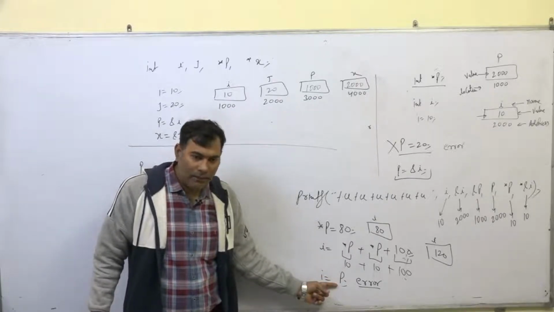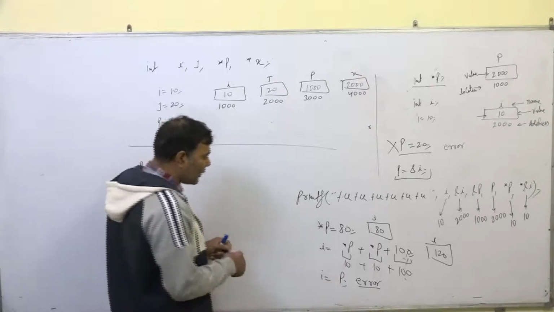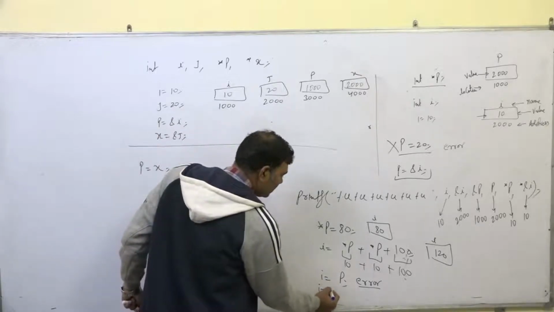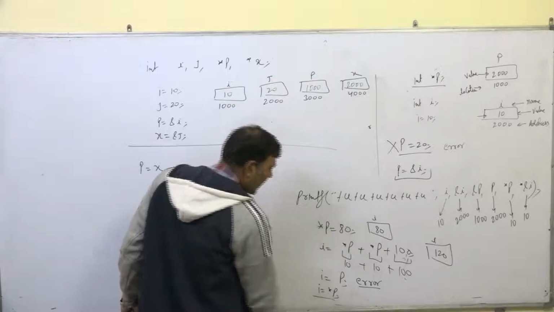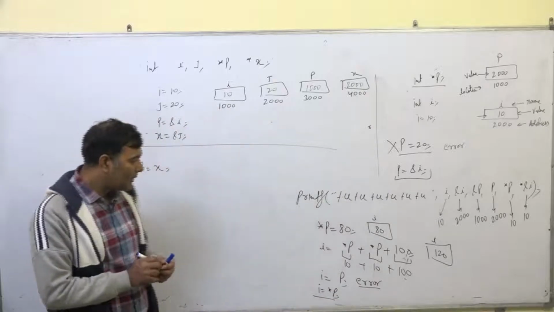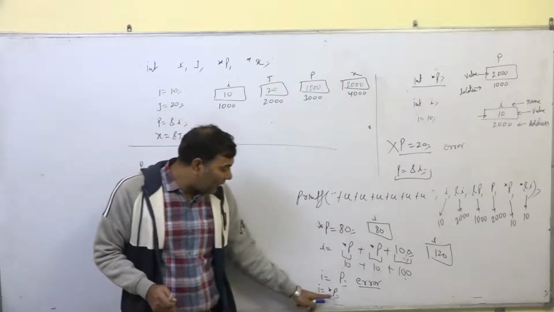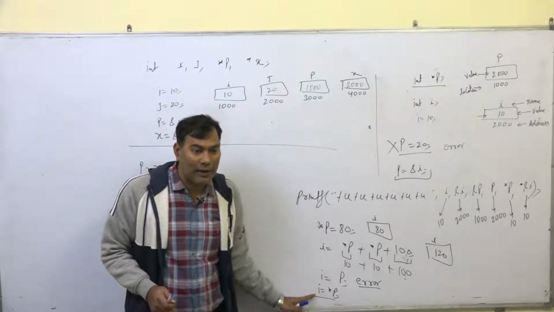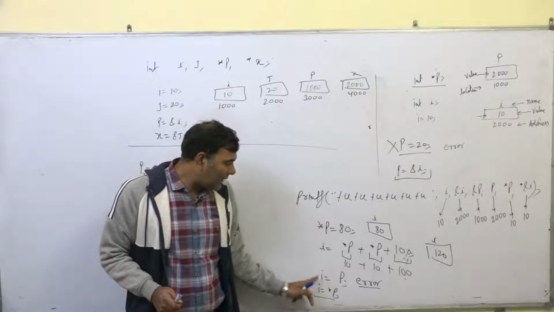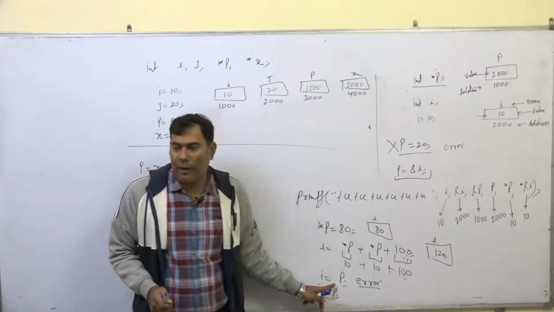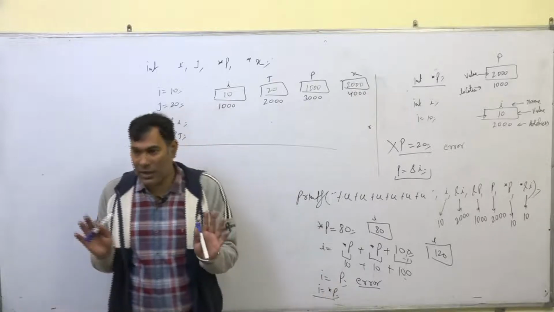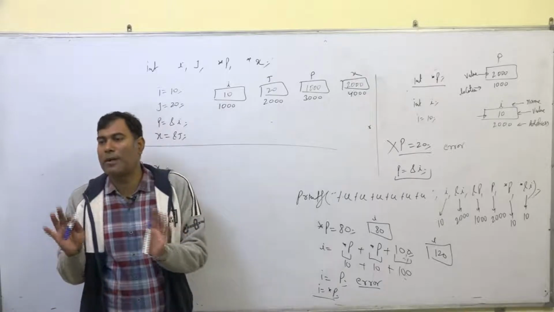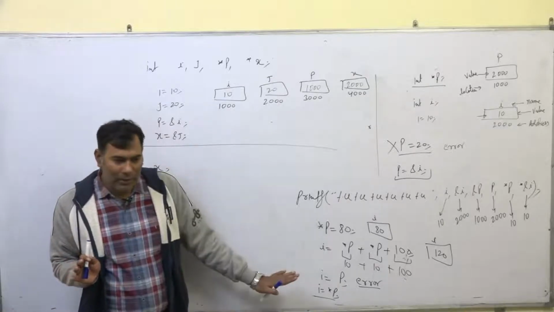Clear? But when we write I equal to pointer P, then it is correct. Why? Because it is a normal value. A normal variable can hold a normal value, but a normal variable cannot hold an address, because P means 2000, and 2000 is an address. So this address cannot be stored in a normal variable.